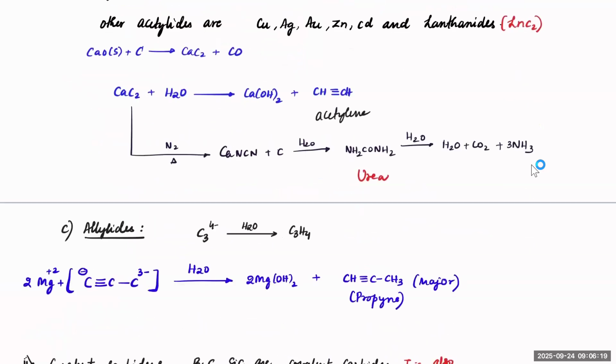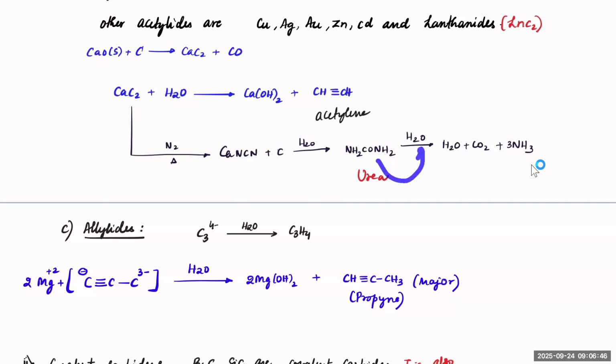Now, if I take calcium carbide and react it in air which contains nitrogen, you will see a compound, calcium cyanamide here. This one, if you react with further carbon and water, will convert into a urea form.